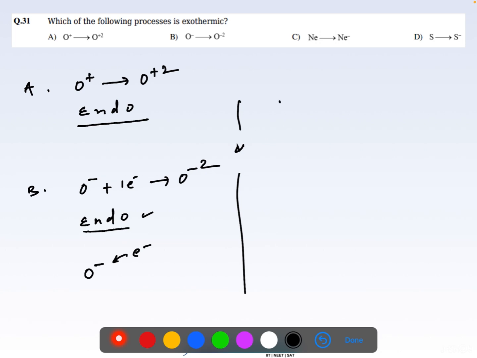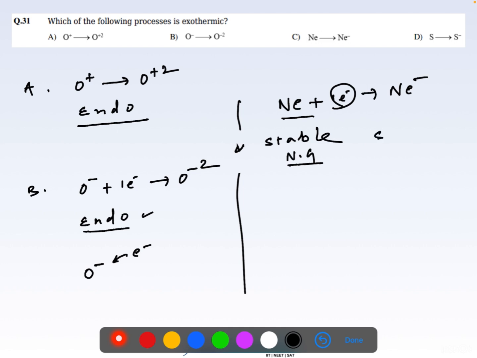In option C, neon combines with one electron to form Ne-. Ne has a stable noble gas configuration, so it does not accept an electron easily. Therefore it is also an energy absorbing process, that is, an endothermic process. In option D, sulfur combines with one electron to form S-.